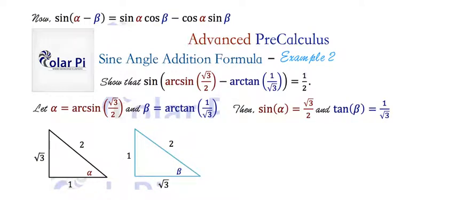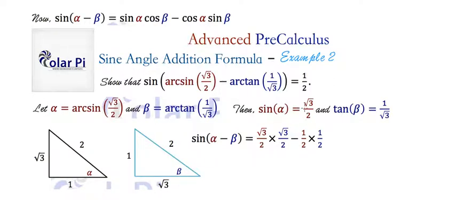Where to from here? Well, we know then what we have to do to find sine of alpha minus beta. Remember, we said that this is alpha and this is beta right here. So sine of alpha minus beta by the formula up here would have to be the right hand side here. Okay, cool. And so that's that. Because we know from the get-go what sine of alpha is, because we translated this into this.